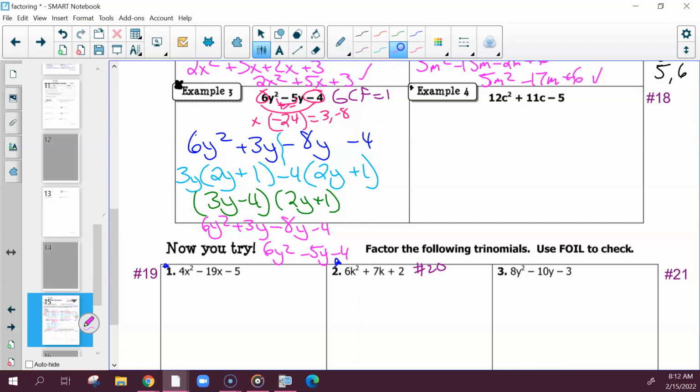And then example 4. Do we have a GCF? GCF is 1, and then what would that be when we multiply it? Right? And then find two numbers that multiply to be negative 60, but add or subtract to be 11.